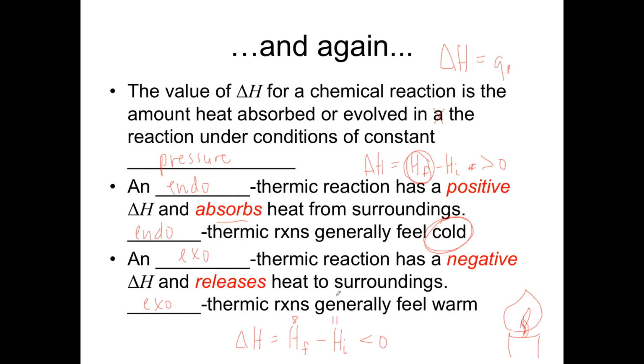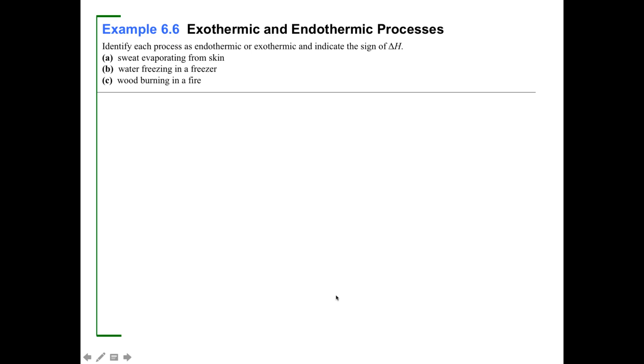All right, so let's look at some specific examples. Identify each process as endo or exo. Indicate the sign of the change in enthalpy. So, sweat evaporating from the skin. Is it taking heat in?